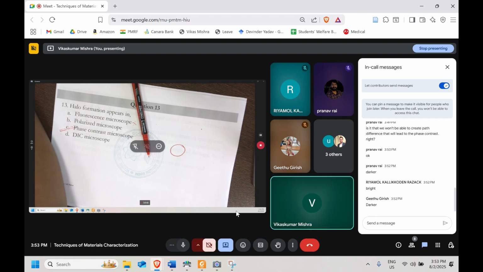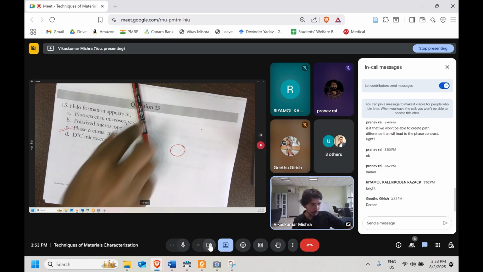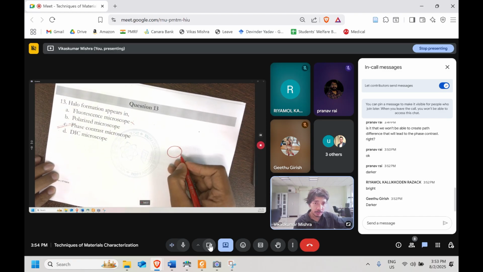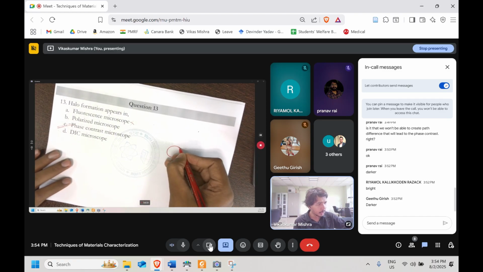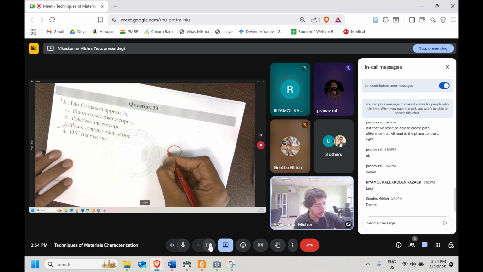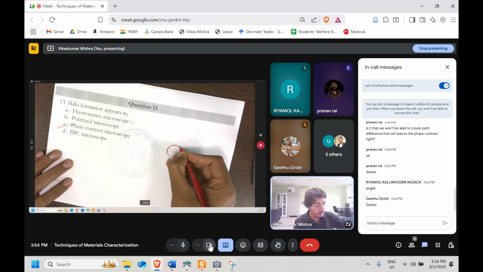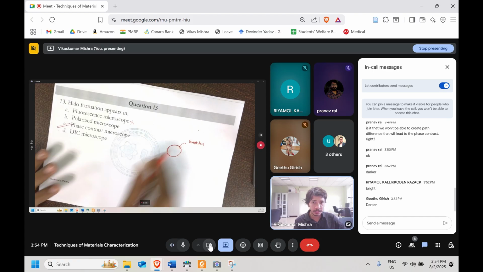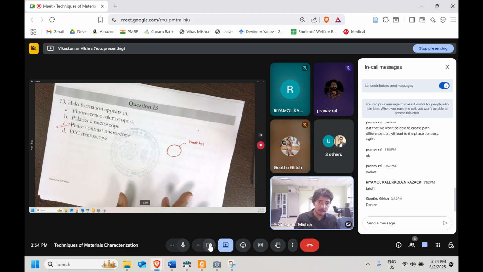Now, let's say this is a biological cell. At the edge, the cell will appear very bright. This is an artifact, as we have discussed.